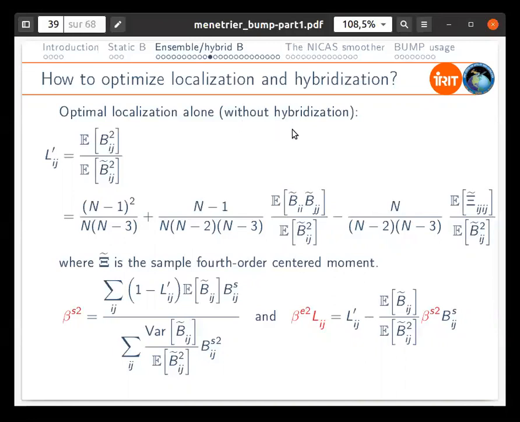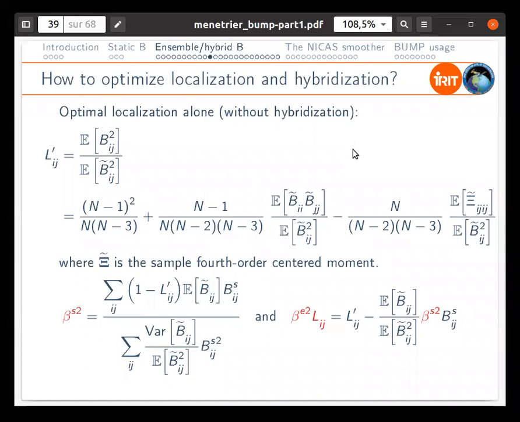If we don't have any hybridization, you can see here the first formula that uses expectations of products of sample covariance coefficients, and also the strange Greek letter in the second line on the right. The capital C is the fourth order centered moment.